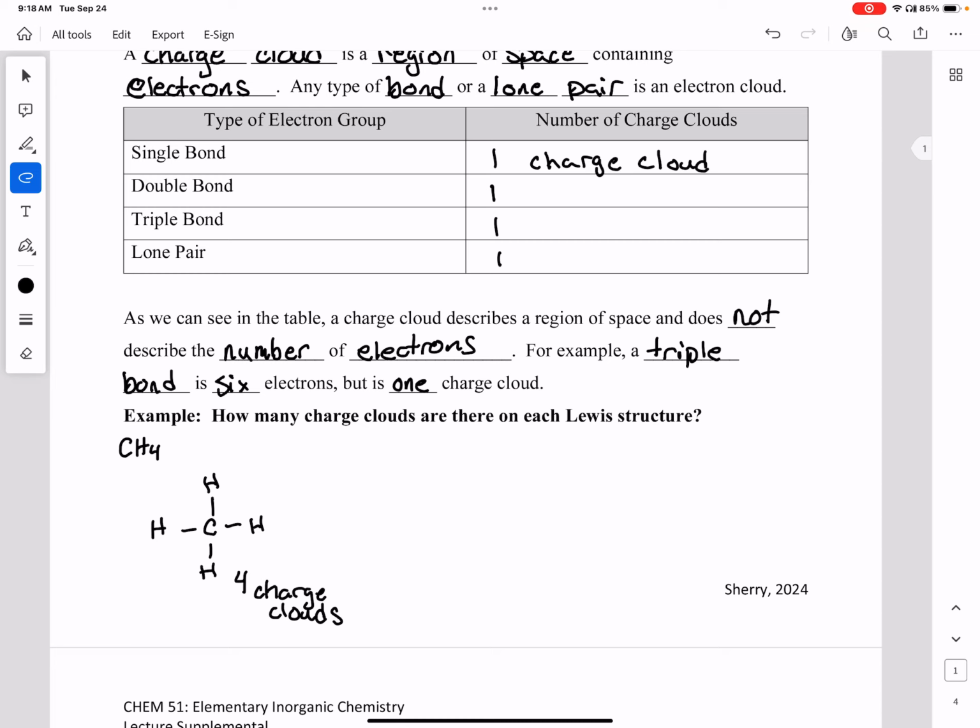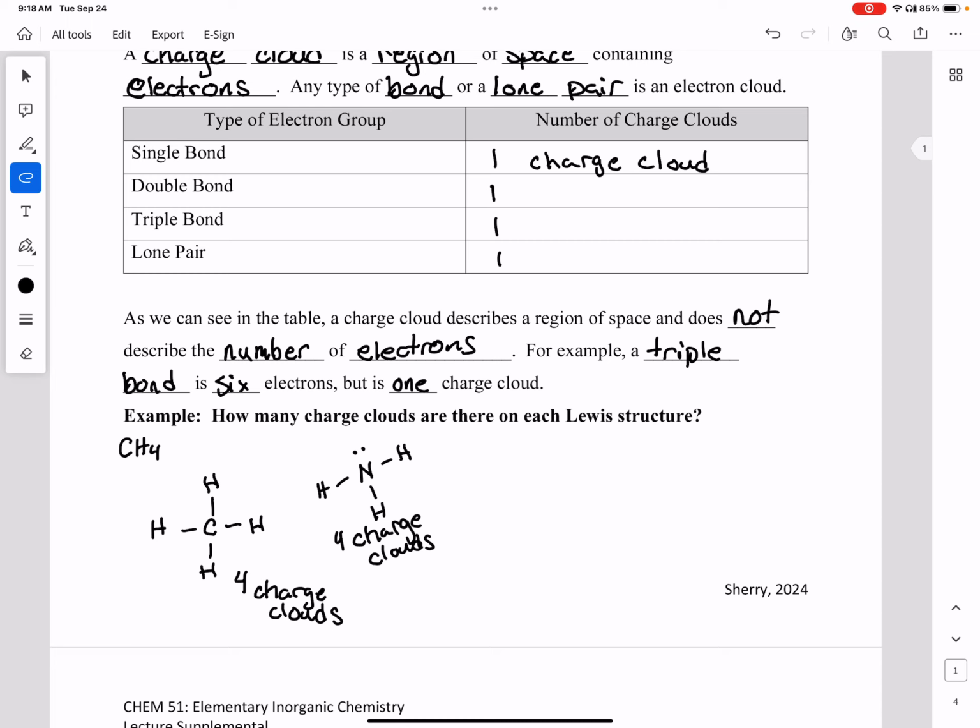Okay, it's 4 single bonds. So another one is NH3. We've got our lone pair there and 3 hydrogens. This is also 4 charge clouds. We have 1 lone pair and then 3 single bonds.